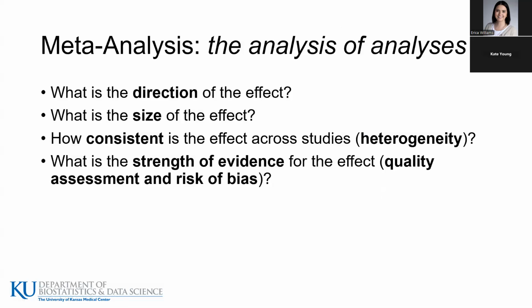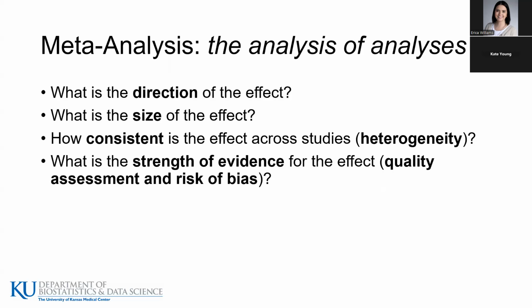A meta-analysis just means analysis of the analyses, and it answers several questions. What is the direction of the treatment effect, or does the treatment have a negative or positive effect on the outcome? What is the size or magnitude of this effect? And the consistency of the effect across studies, which we call the heterogeneity.